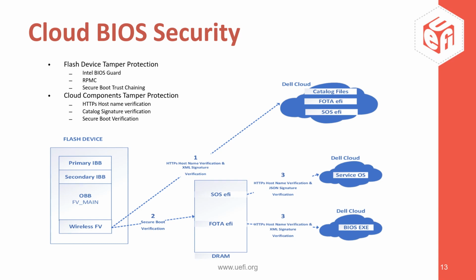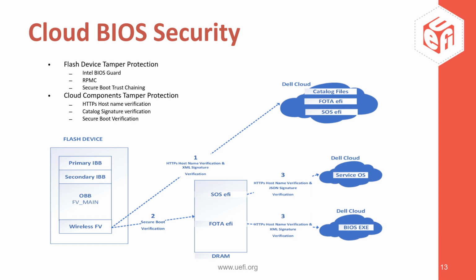BIOS Guard achieves this through a combination of PCH and ACRAM, which is authenticated code RAM. Basically, only authorized applications, like the BIOS update application itself, the OEM application related to BIOS update, will get access to the flash device.